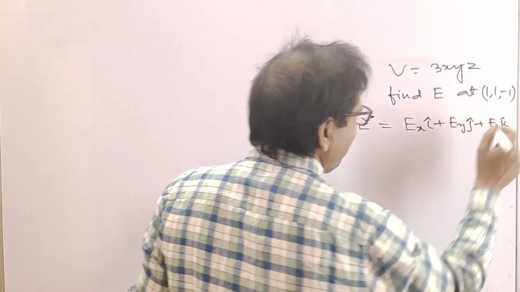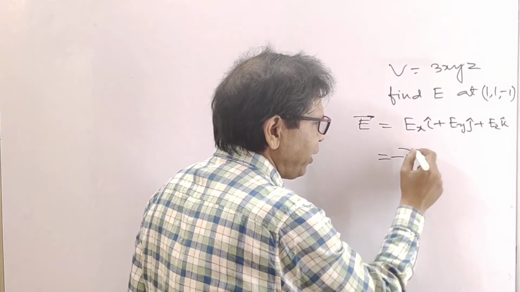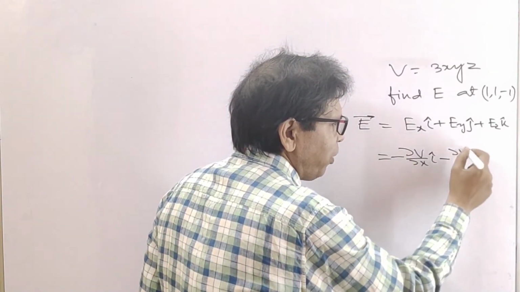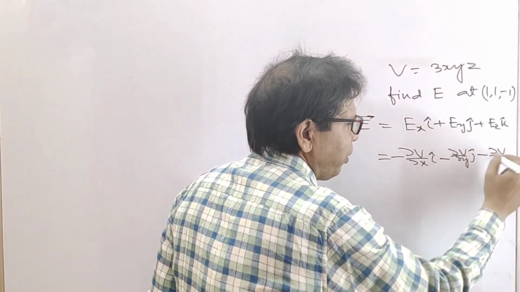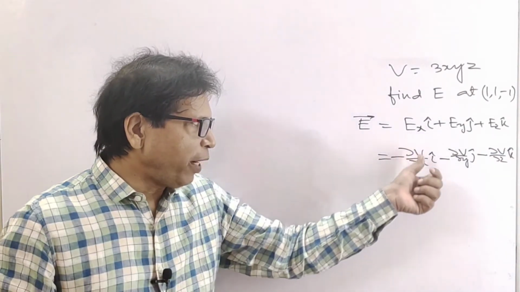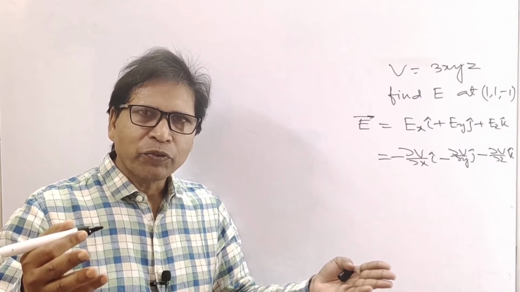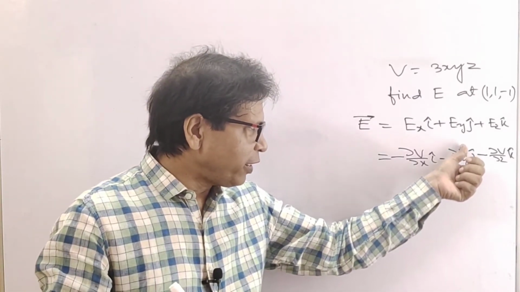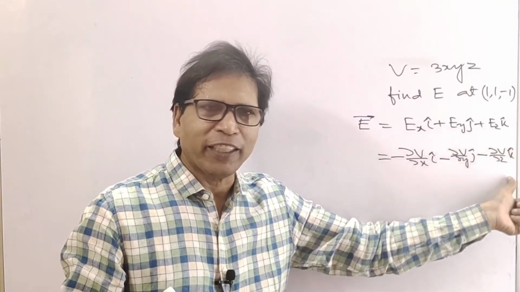Now Ex equals minus del V by del x i cap, minus del V by del y j cap, minus del V by del z k cap. Now del V by del x means we differentiate V with respect to x, similarly with respect to y and with respect to z.